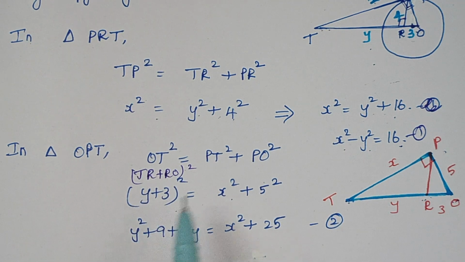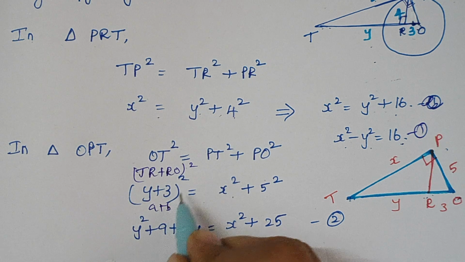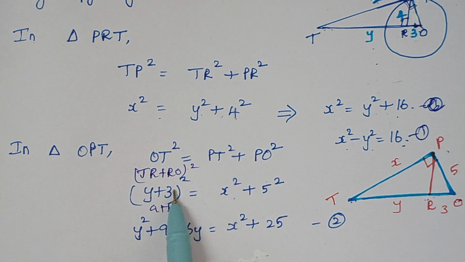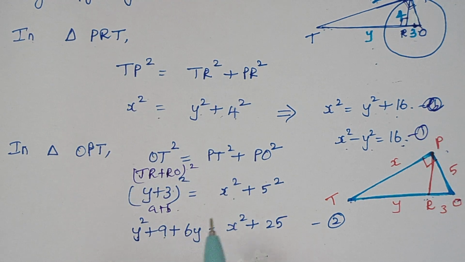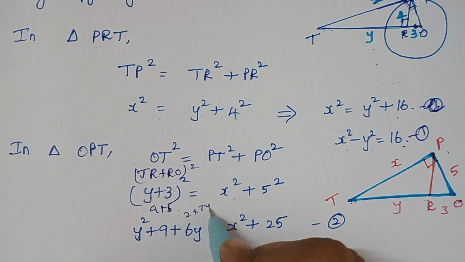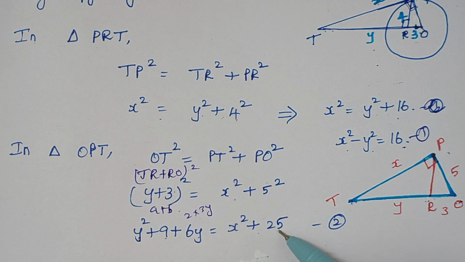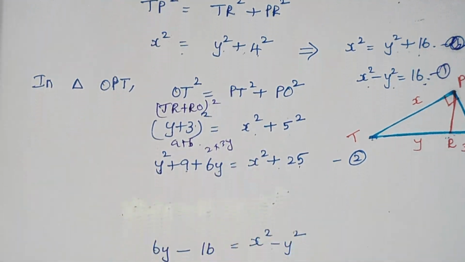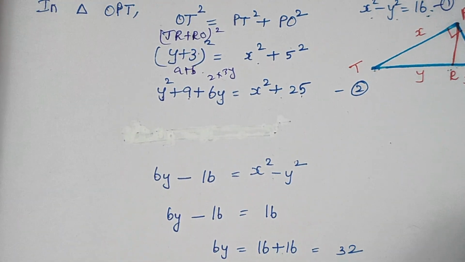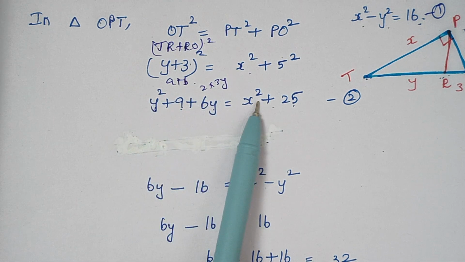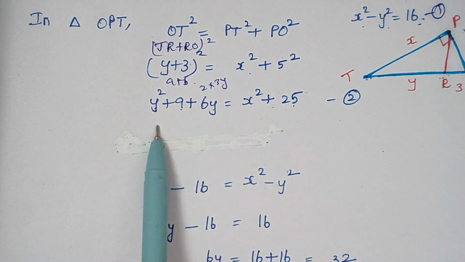So this is of the format A plus B whole square. So A square is Y square, B square is 9, and 2AB, that is 2 into 3Y, gives you 6Y, which is equal to X square plus 25, right? So the next thing is I am just rearranging the terms. I am moving this Y square to the right-hand side and moving this 25 to the left-hand side.